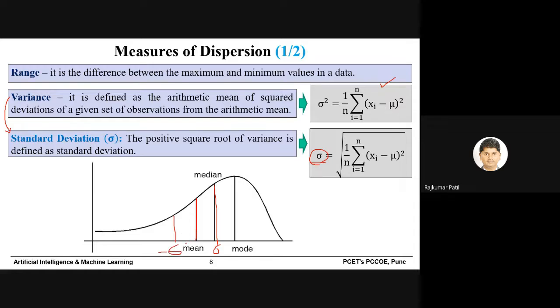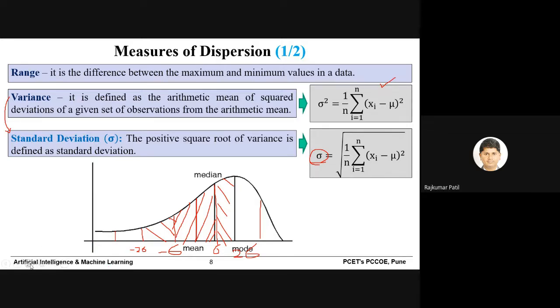We may think about how much of the population is within this standard deviation; we may be interested to know. Again, if we go ahead, it would be 2 sigma here and minus 2 sigma here. And we may be interested to know how many data points are lying within this 4 sigma. And again, we can go ahead and say this is plus 3 sigma, minus 3 sigma. So this concept of 6 sigma came into the picture.